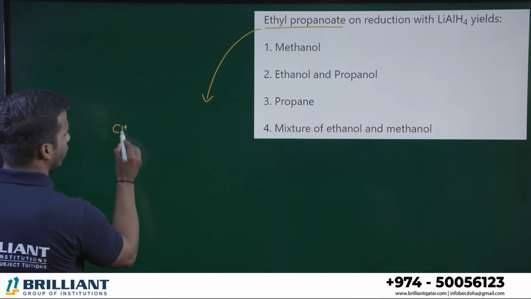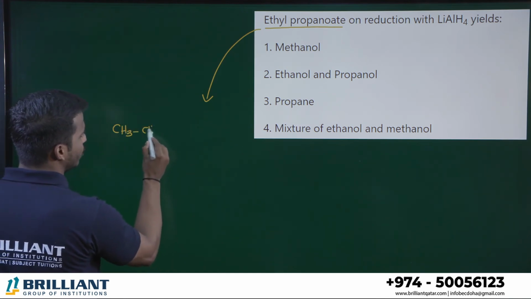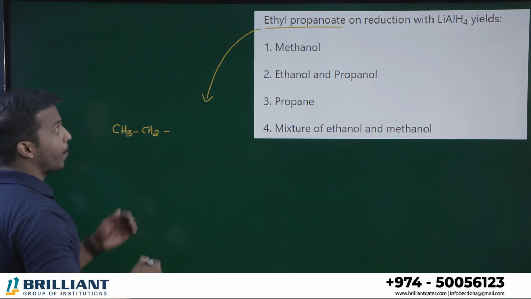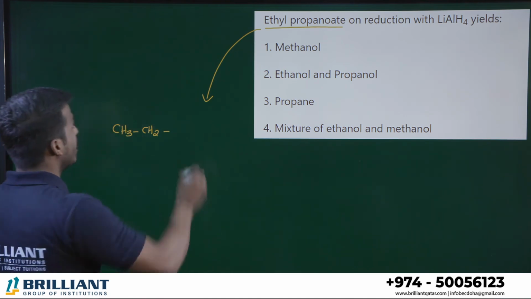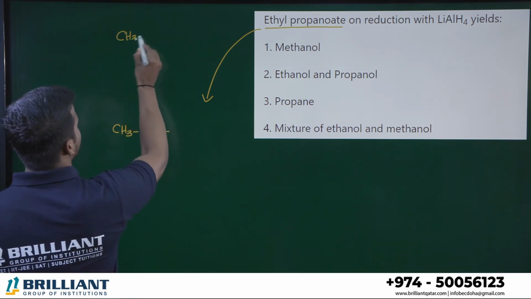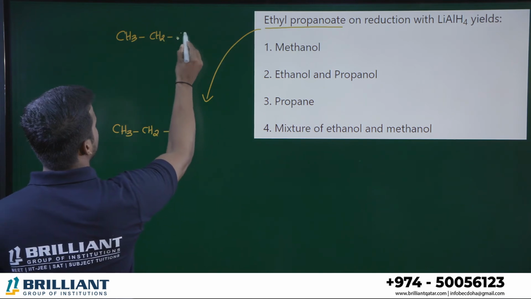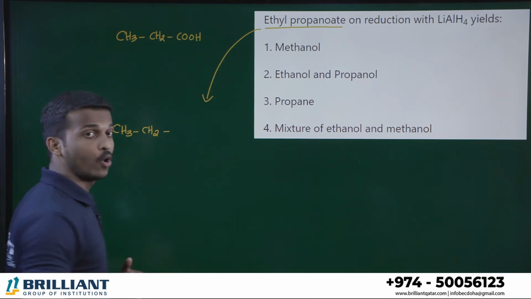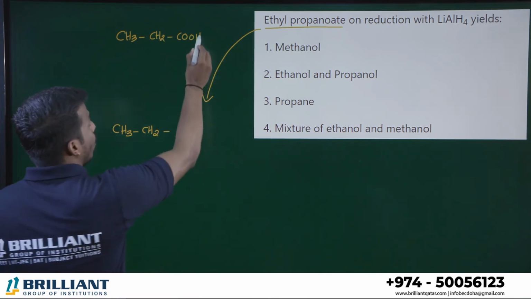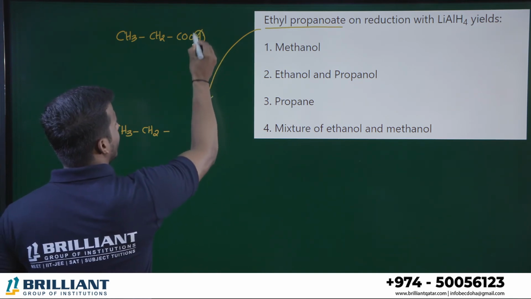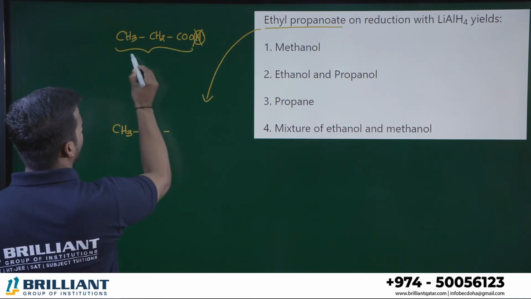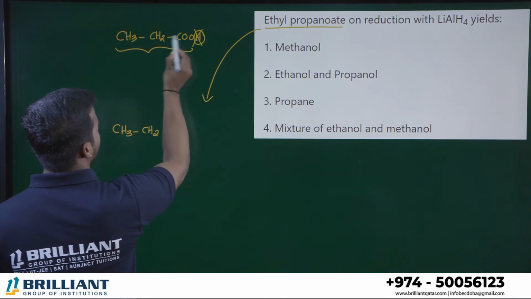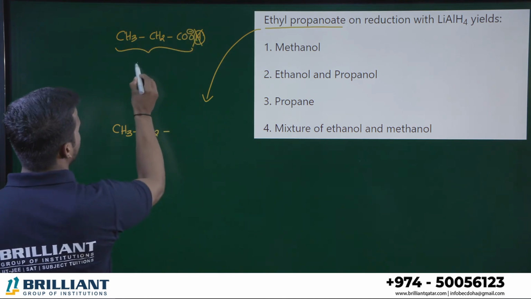What is the ethyl group? CH3CH2, ethyl. Propanoate. What is propanoic acid? CH3CH2COOH. This is called propanoic acid, right? When it loses this hydrogen, the ion is CH3CH2COO minus. This is called what?